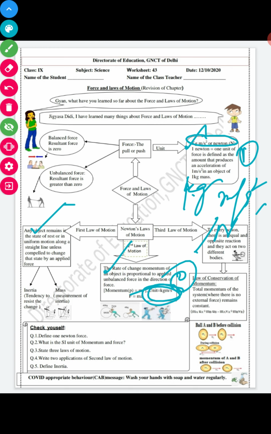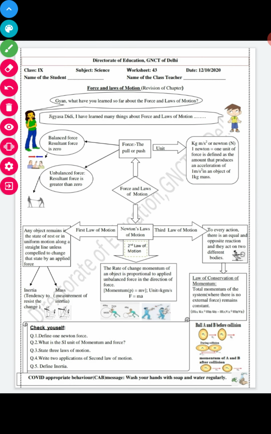Okay, next question we have define inertia. So you can write it from here, or you can write the definition of inertia.